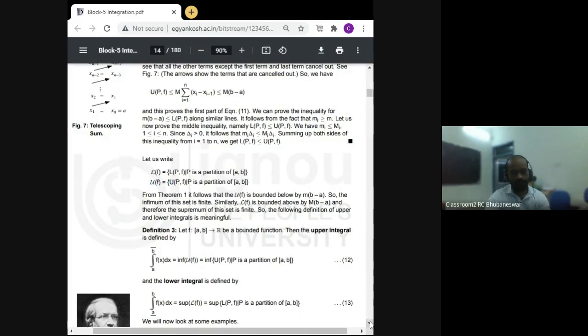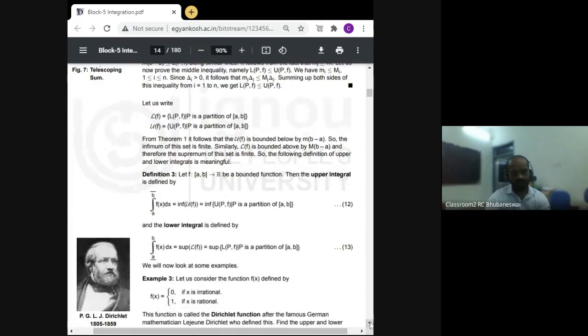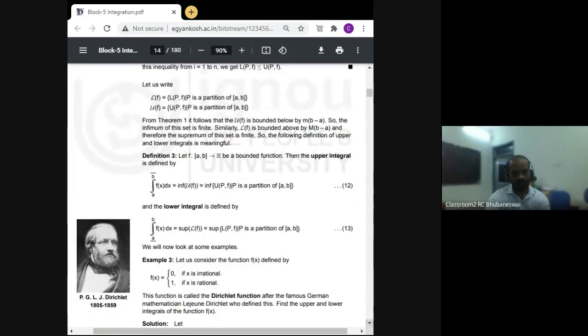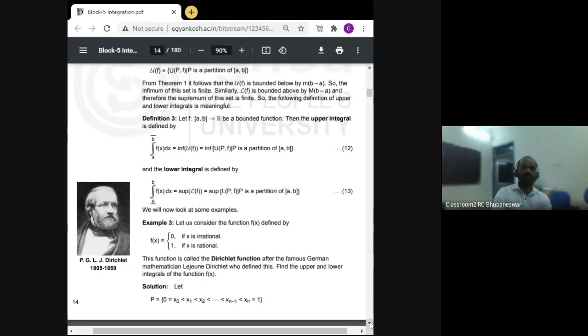Now, after discussing the upper Darboux sums and lower Darboux sums, we are focusing on the definition of the upper integral and lower integral of a function defined on an interval AB. Here we have taken a function f defined over a closed interval AB, and it is a bounded function. Then look at the upper integral.